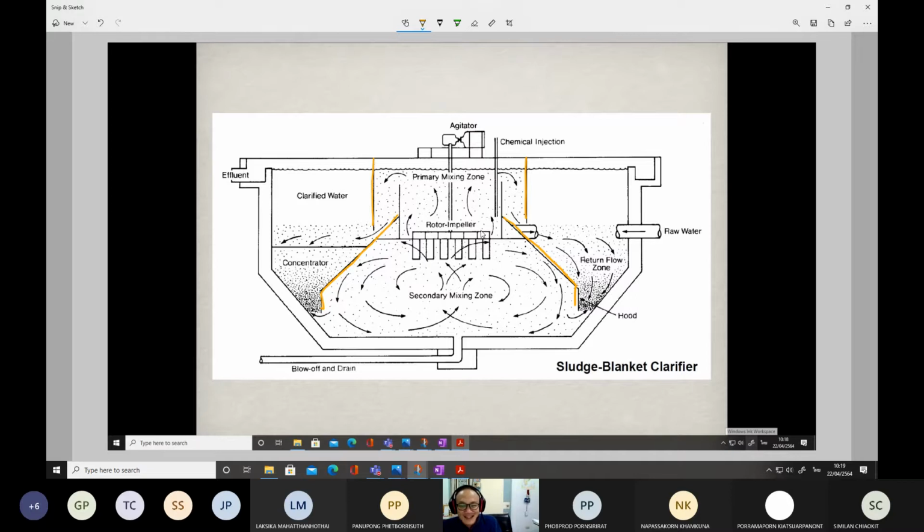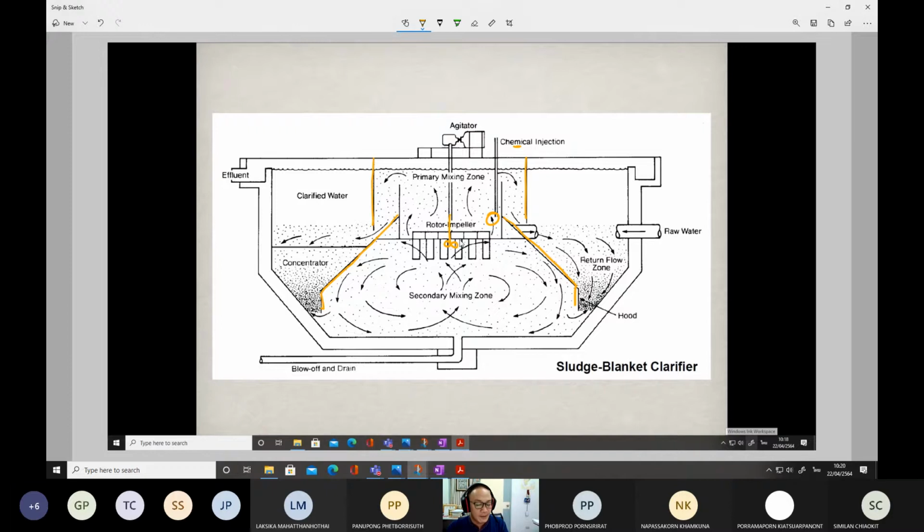So how does this tank work? Chemicals and coagulants are added here, and inside the tank, at the center, they install a motor equipped with a shaft connected to an impeller.